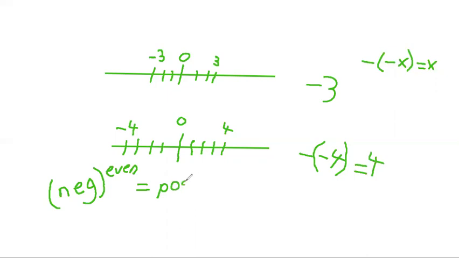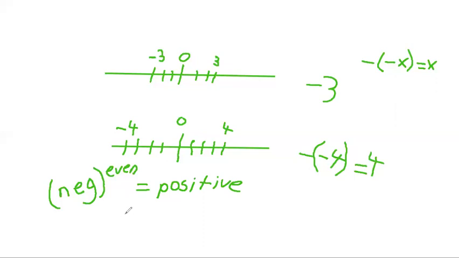I don't want to bore you, but I think that's pretty clear. So a negative raised to any even power has to be positive because the minus signs offset each other in pairs. For example, -2 raised to the 4th power would be -2 times -2 times -2 times -2, which is 16, because the minus signs offset each other in pairs.